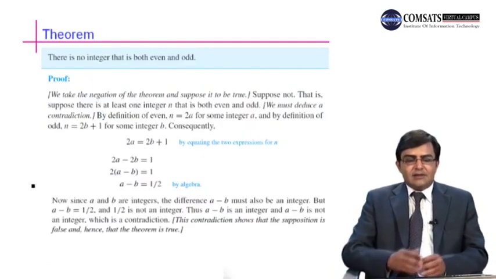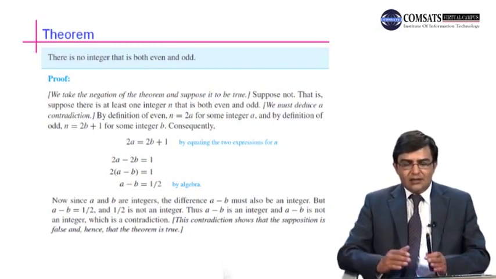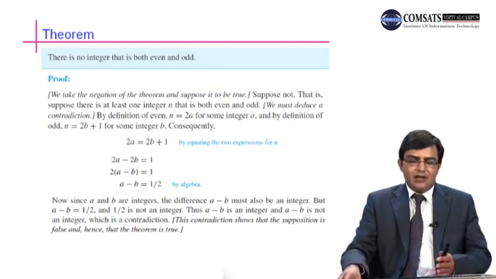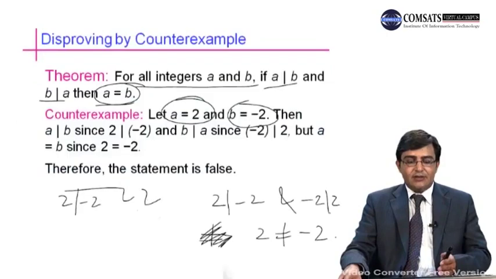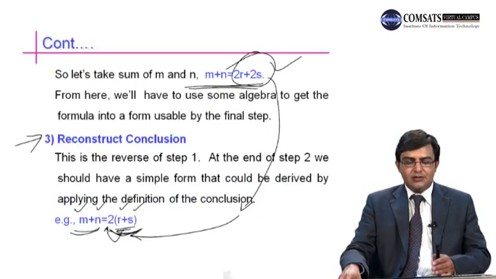So this is a given statement which we have to prove. There is no integer that is both even and odd. So we proceed on the same steps. As we have studied in the direct method, first we deconstruct axioms, then the second step is mathematical insight, third step is reconstruct conclusion.